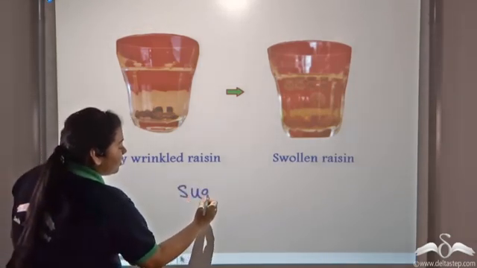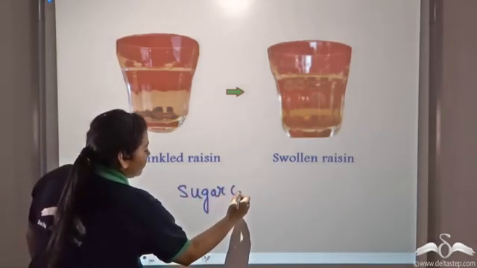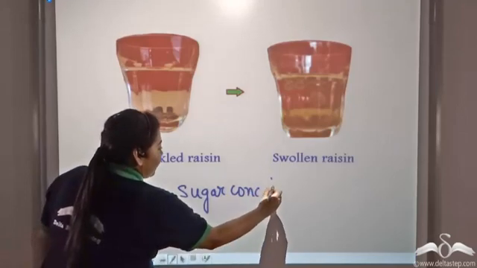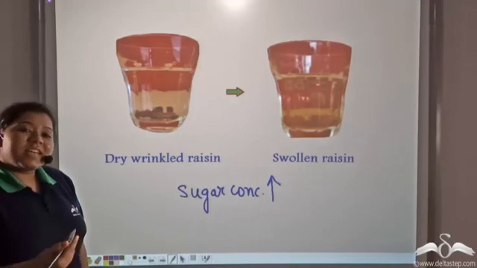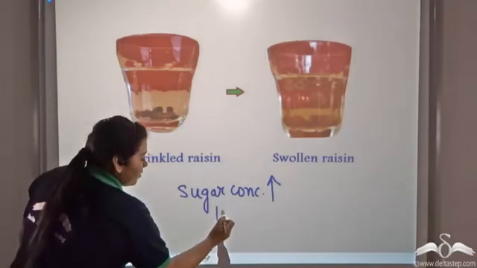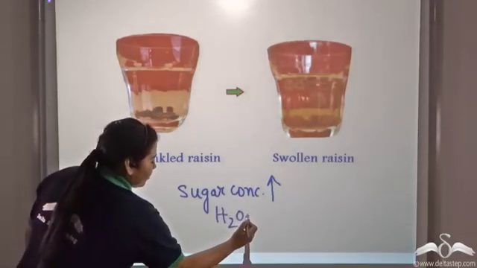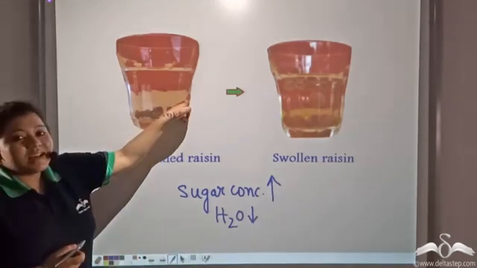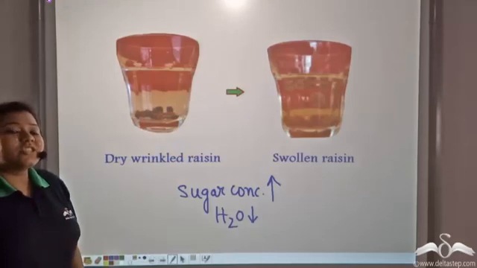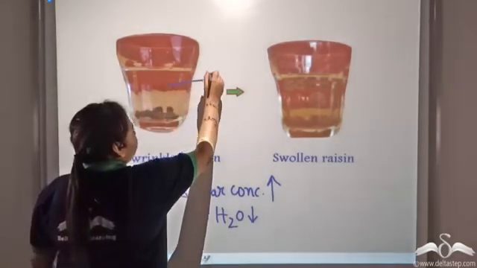So, sugar concentration is very high, but the water concentration is very low. But in the glass, the water concentration is very high.